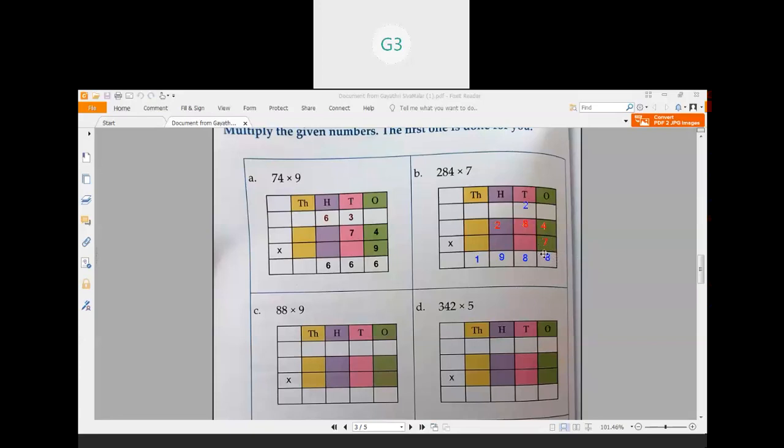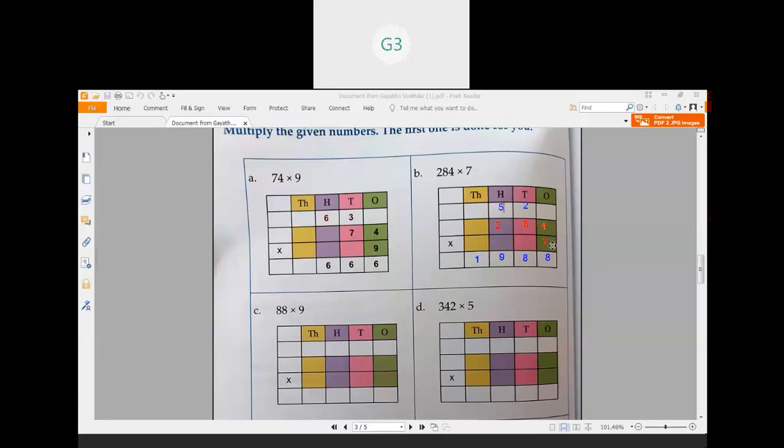What is the answer? 8 7s are 56. 56 plus 2, 58. Hey, tell me correctly. 6 plus 2, 58. So where do I write 5? 5 carried over. Correct? 8. Yes, 7.